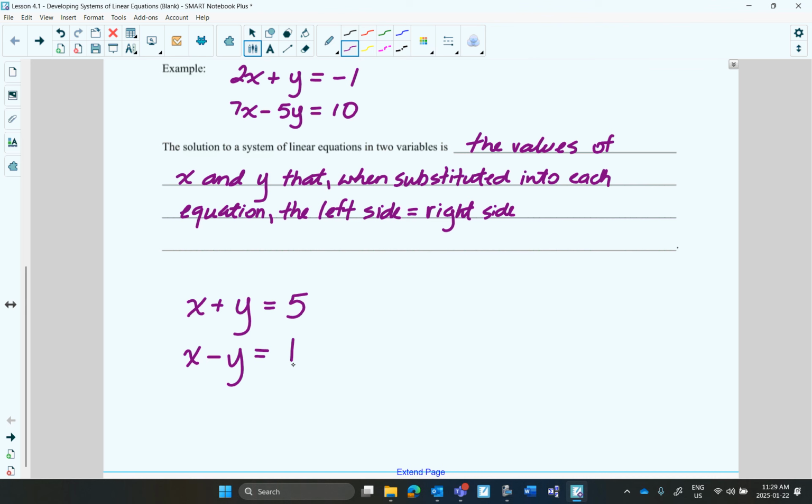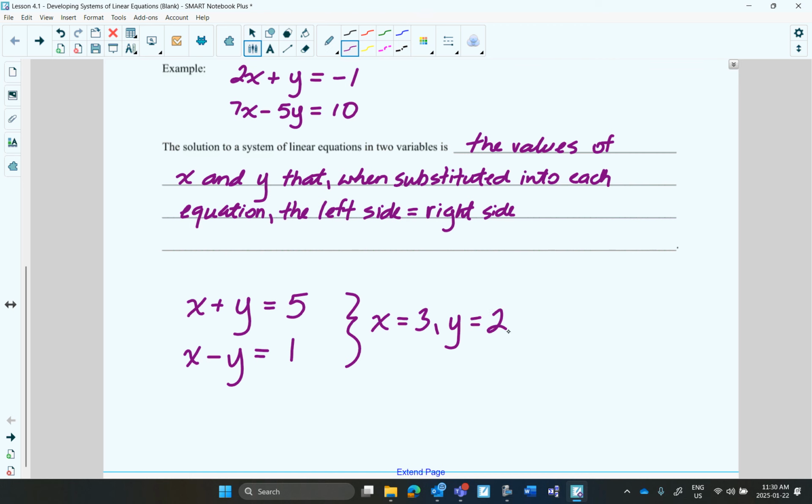Can you figure it out by sort of guessing and checking? What do you think x and y are? X is 3 and y is 2. Why? Because 3 plus 2 is 5 and 3 minus 2 is 1. So when you plug it into both equations, the left side of each equation equals the right side. So the solution would be x equals 3, y equals 2.